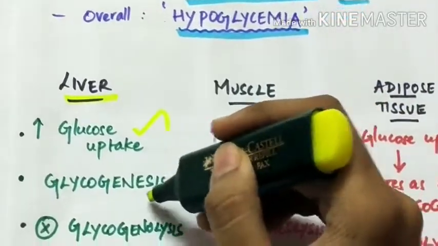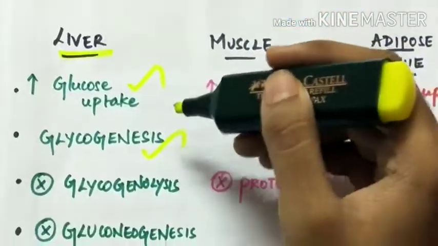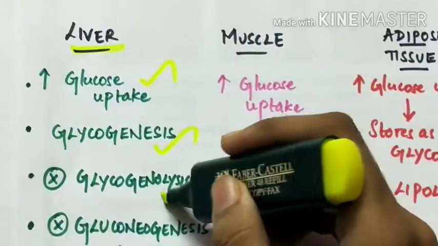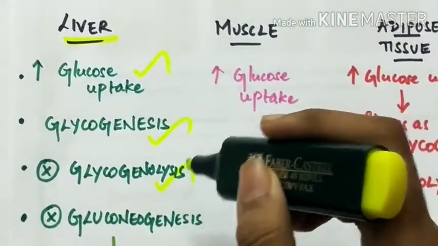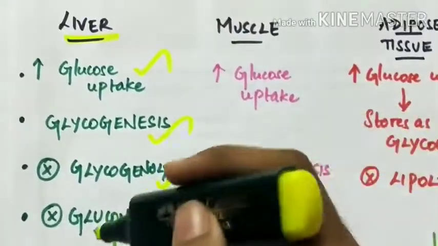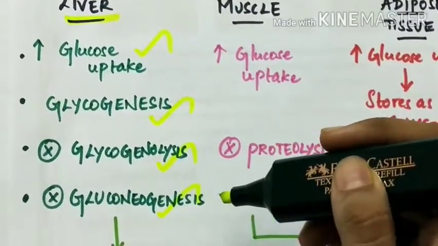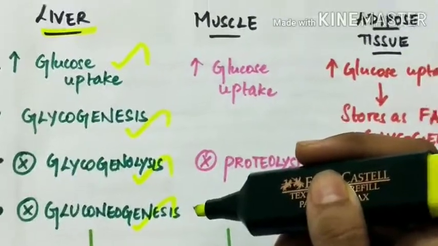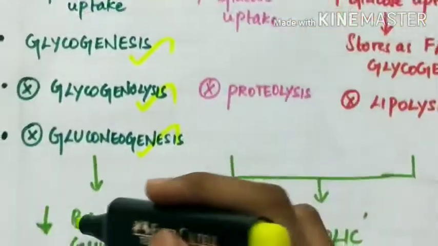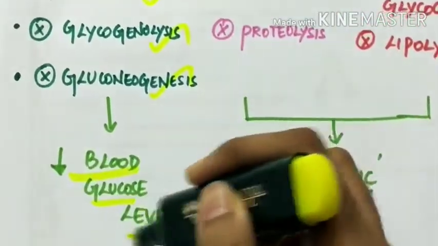It promotes glycogenesis, that is formation of glycogen. Inhibits glycogenolysis, that is breakdown of glycogen into glucose. And inhibits gluconeogenesis, synthesis of new glucose from non-carbohydrate source. So thereby, by all these processes, insulin decreases the blood glucose level.